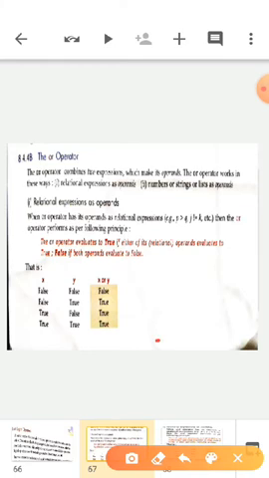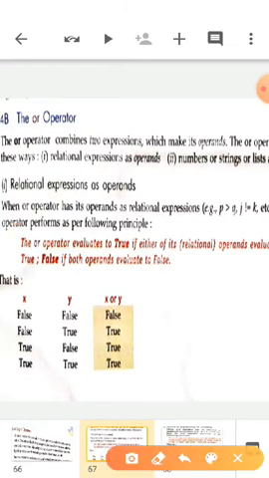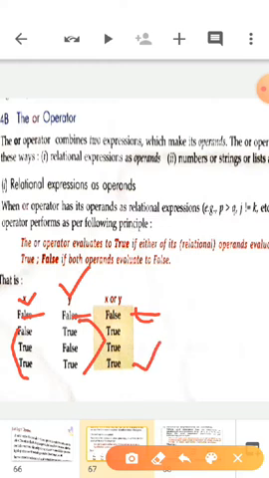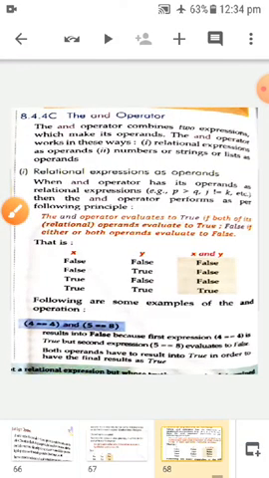See, the or operator combines two expressions, which make its operands. Now x and y are the two inputs. In the or operator, if both values are false, then only you will get a false answer. See, false false, you will get a false answer. If one is false and another is true, you will get a true answer. Okay, the same way they work in the Boolean chapter.